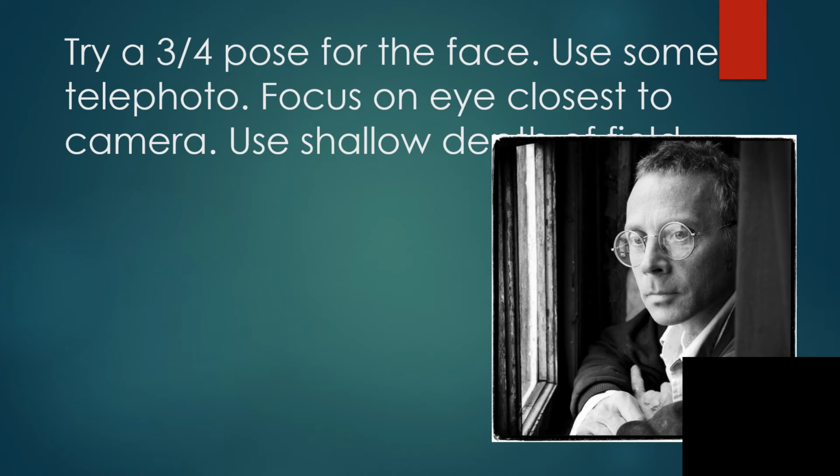They are looking off to the side. The chin is not pointed straight at the camera. It's looking off to the side. If you went to a portrait gallery and looked at portraits down through the ages, you'd find that many portrait painters use a three-quarter view.